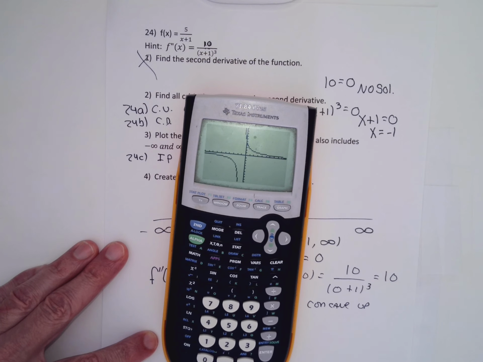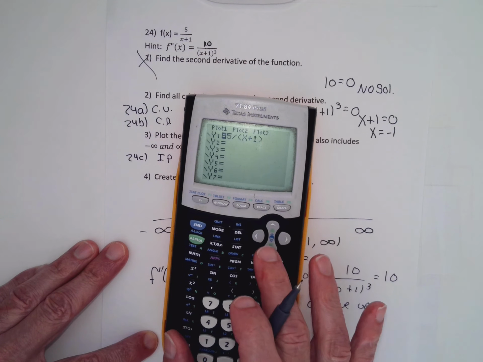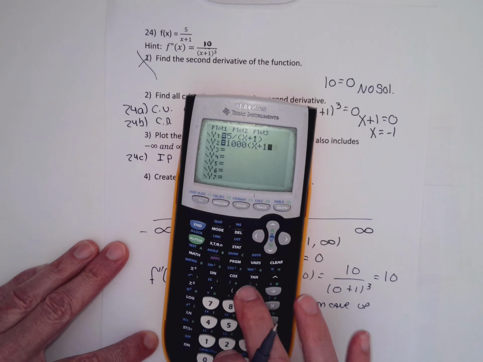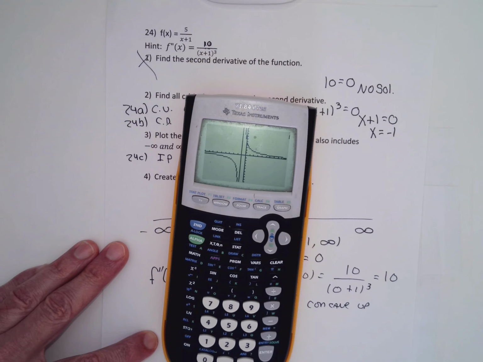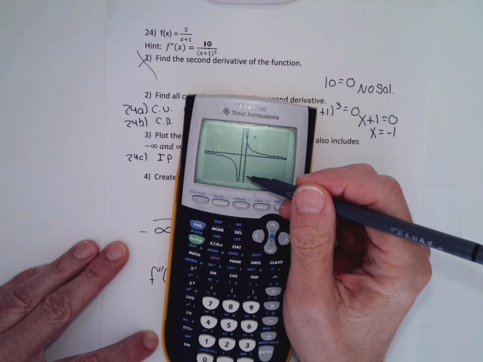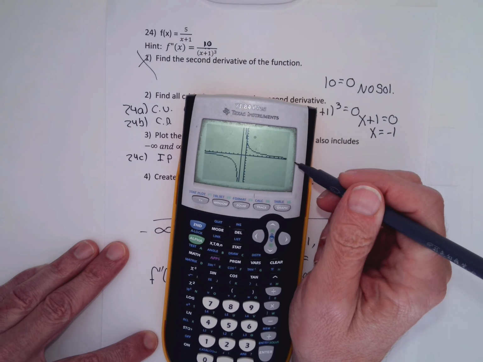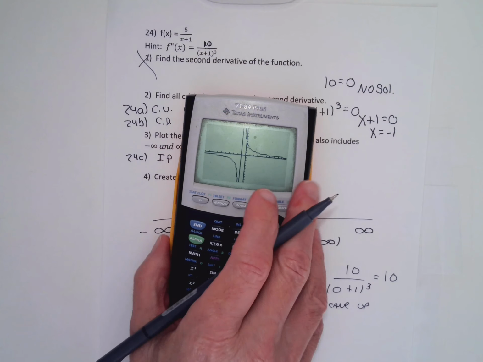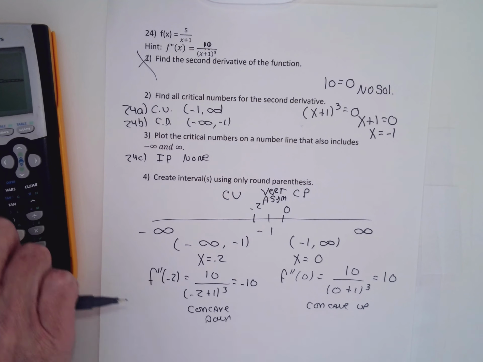I can kind of get my calculator to show a vertical asymptote if I just take 1,000 and multiply it by the denominator so you can see that vertical asymptote. So concave down to the left of the vertical asymptote, concave up to the right of the vertical asymptote. At the vertical asymptote, you can't get an inflection point, so this doesn't have an inflection point.